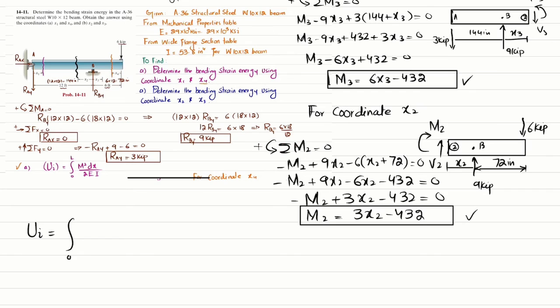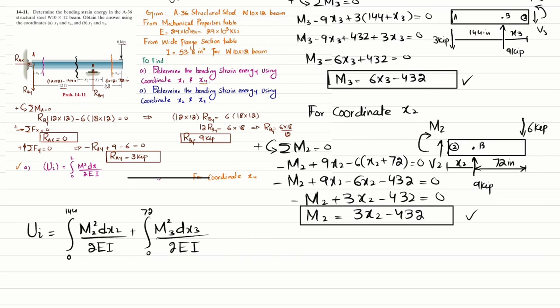So for x2, 0 to 144, the equation was integral of M2 square dx2 divided by 2EI plus integral of 0 to 72 M3 square into dx3 divided by 2EI.